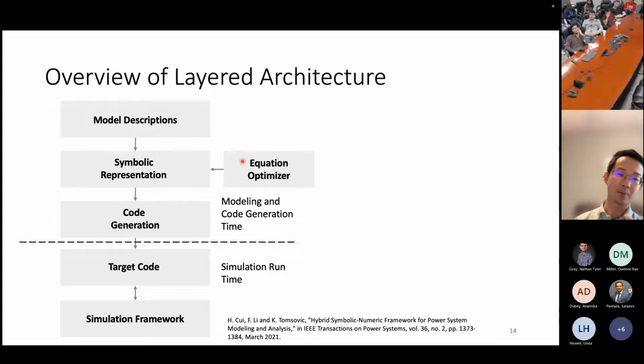We apply equation optimizers so that we have a reduced number of variables in the representation. By calling proper code generators, we can convert those symbolic representations into target code that is run for numerical simulation. Those target codes can be coupled with an efficient simulation framework.